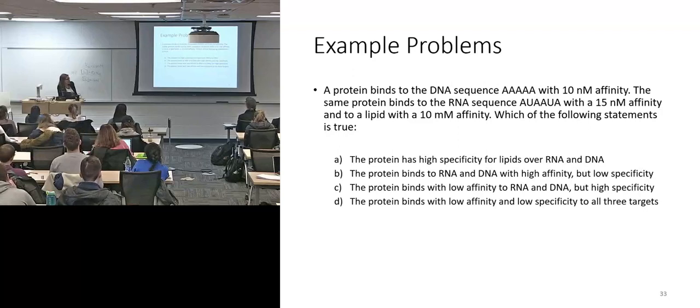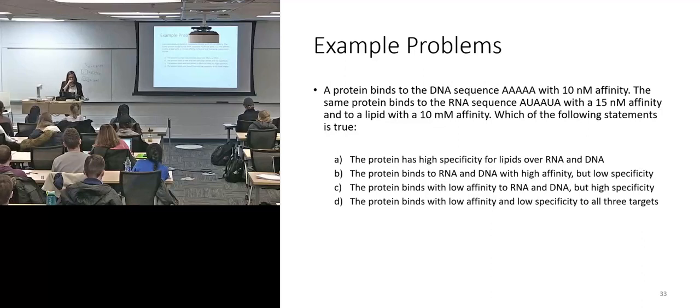Who wants to explain their reasoning if you picked B? About 20 people raised their hand, so someone has to answer. Yes. It's high affinity, but the values are very close together, so that's low specificity. And then you can just use process of elimination for all the other answer choices.